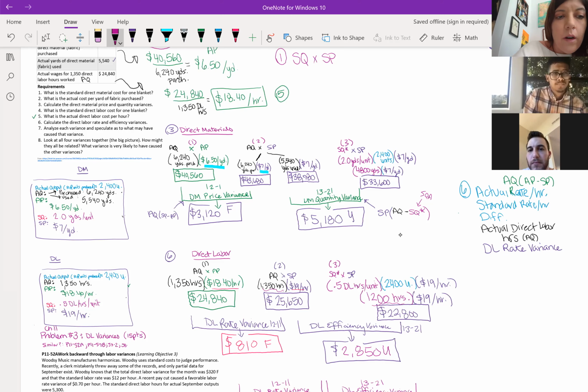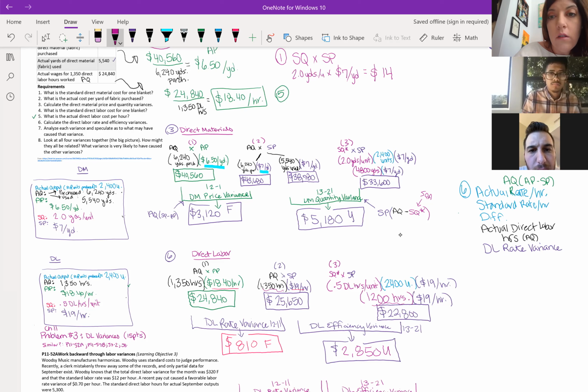So our standard quantity for one blanket is, I'm sorry, 2 yards per unit, times our standard price, how much we should pay per yard, which is $7 per yard. So to produce 1 unit, it should cost us $14 for direct materials.